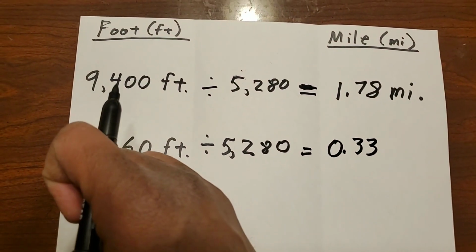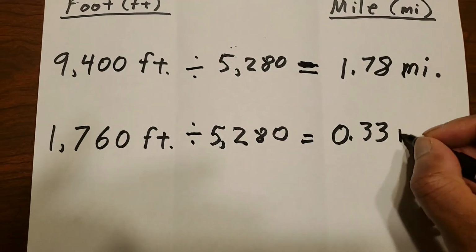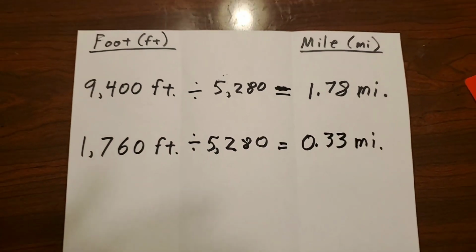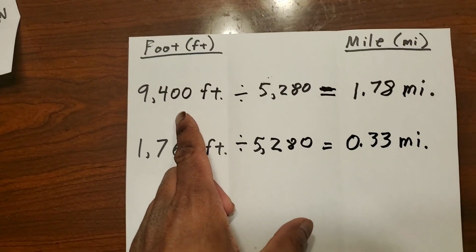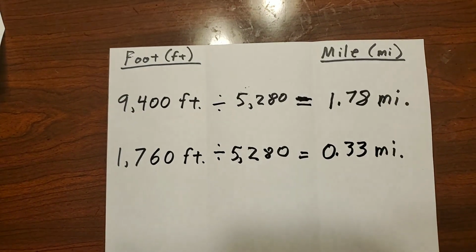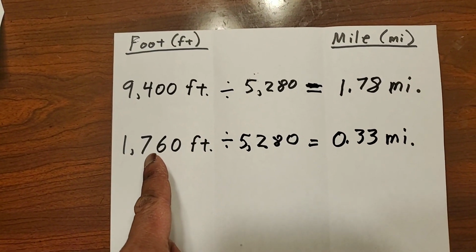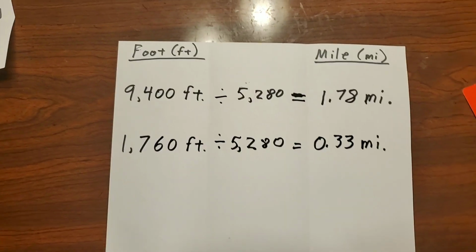We're converting these feet into what? Miles. So 9,400 feet is the same as 1.78 miles. 1,760 feet is the same as 0.33 miles.